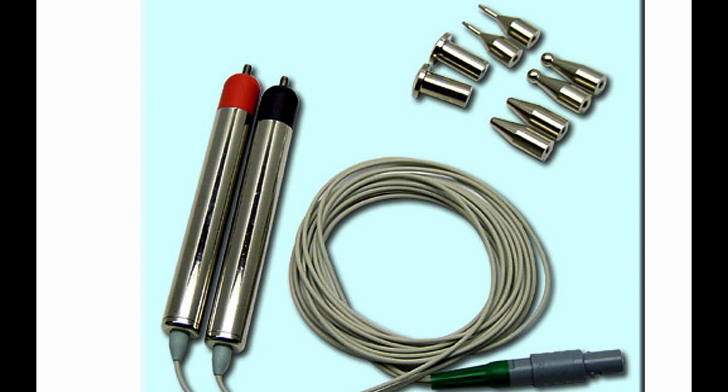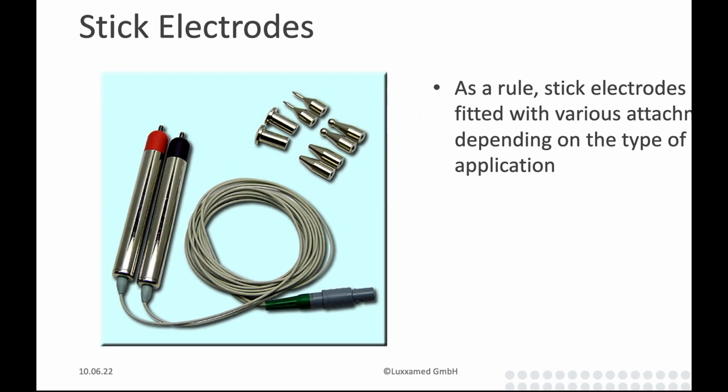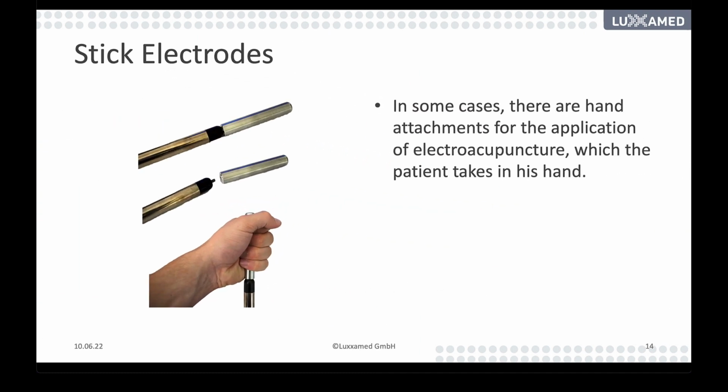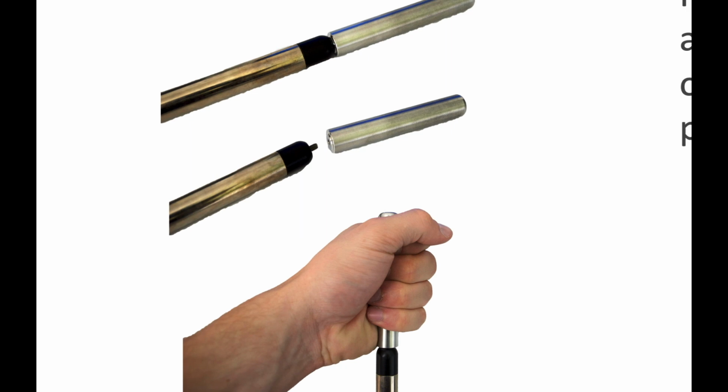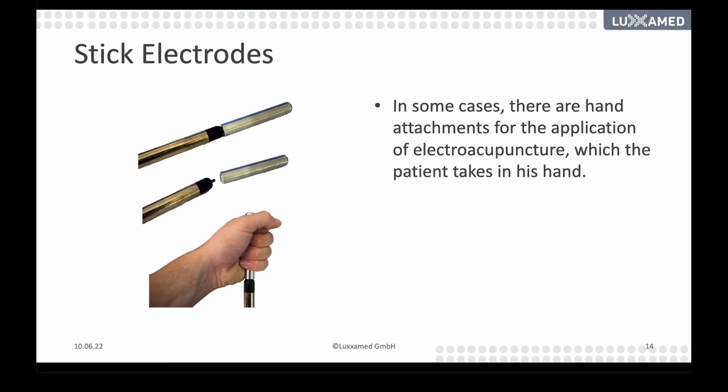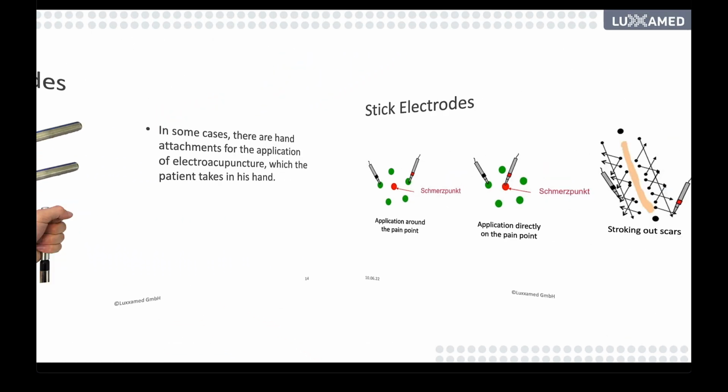You have such kind of needles you can use for electroacupuncture, and other possibilities. Then there are some special applications like a hand attachment which you can use in the case of electroacupuncture, where the patient takes one in his hand and the therapist can work on the acupuncture points with the other electrode.